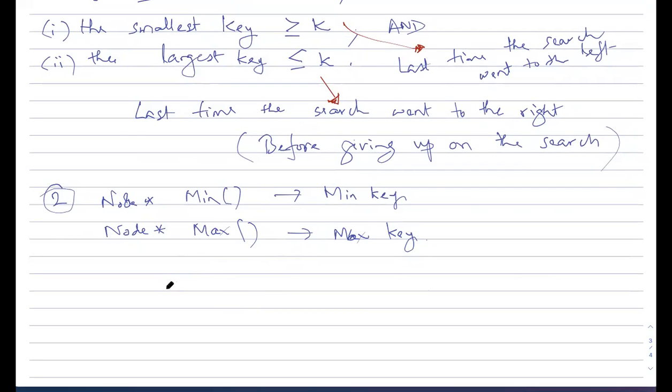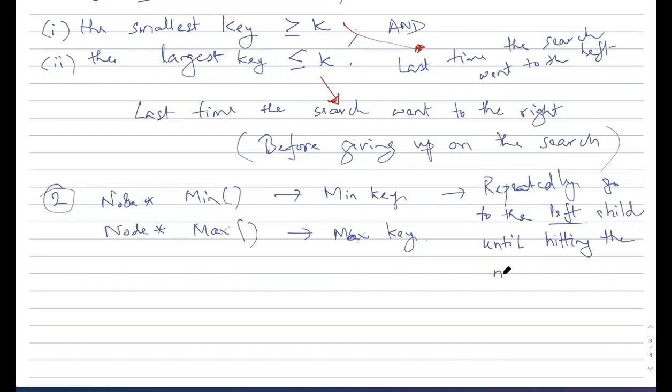So for min, you essentially repeatedly go to the left child until hitting the null pointer.